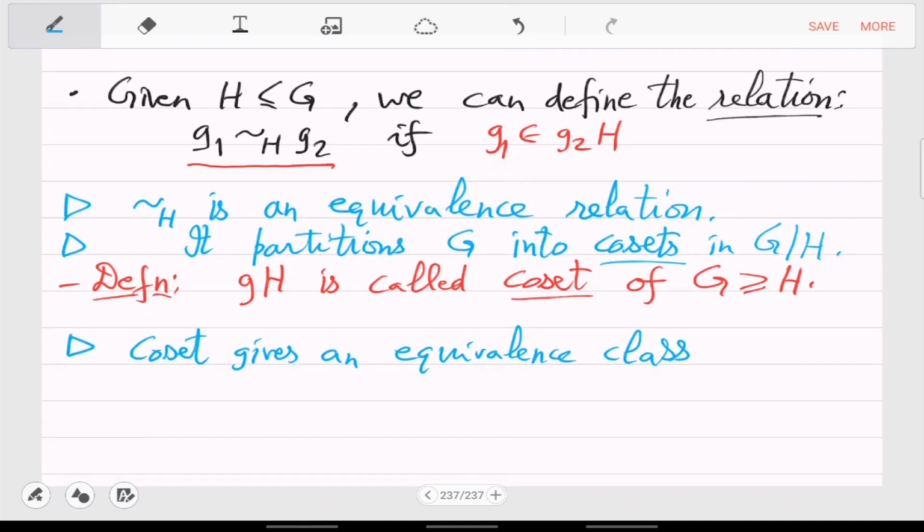Coset gives an equivalence class where g is one of the representatives.